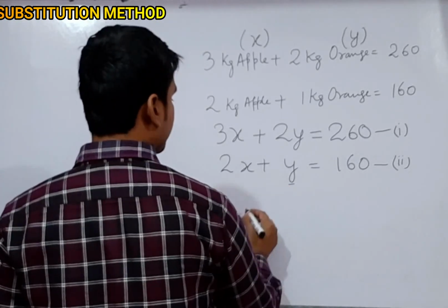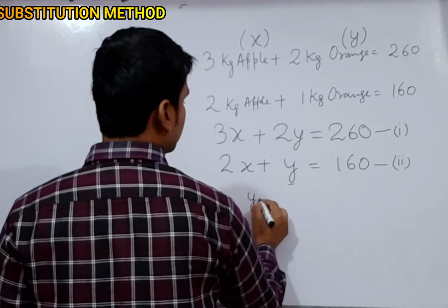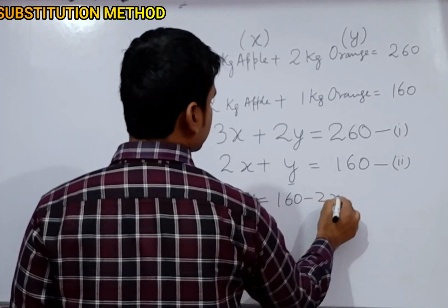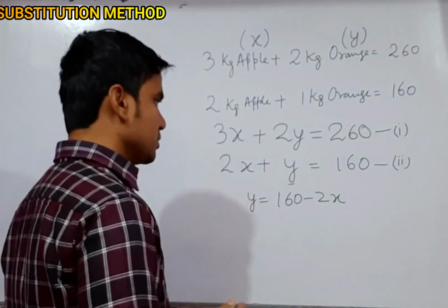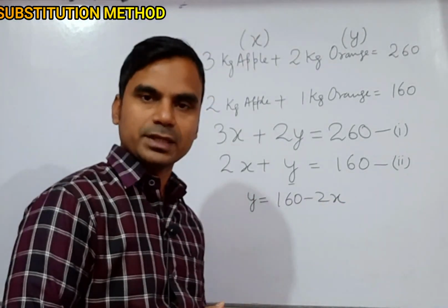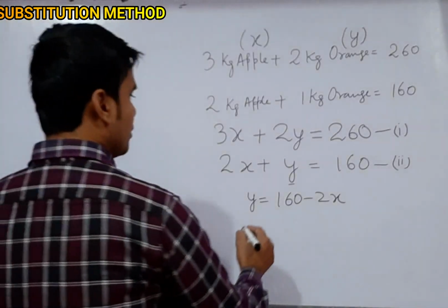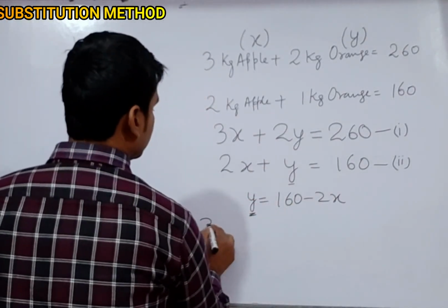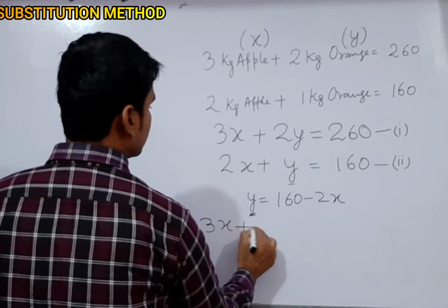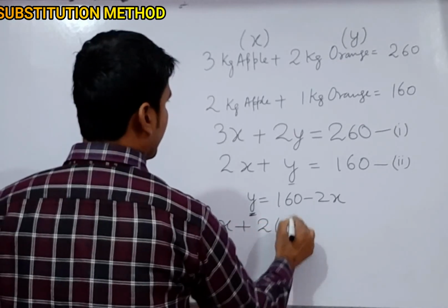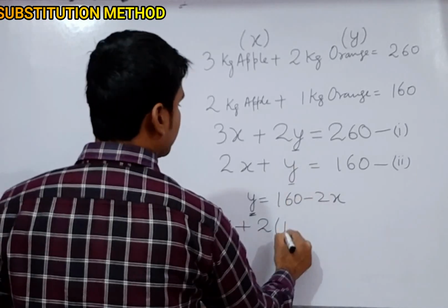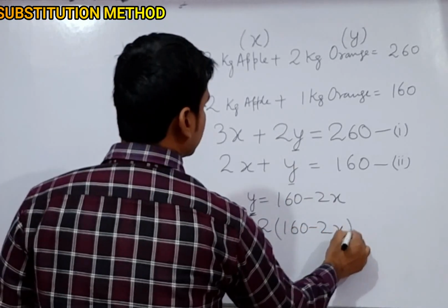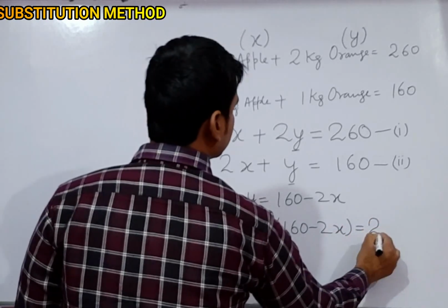So the second equation can be written as y equals 160 minus 2x. Now put this value of y in equation 1. So we get 3x plus 2 into, in the place of y we write, 160 minus 2x equals 260.